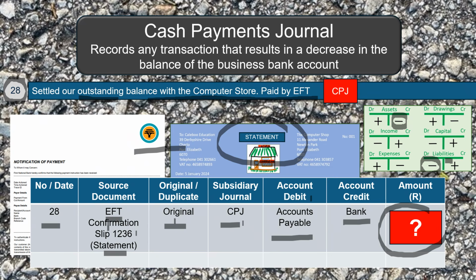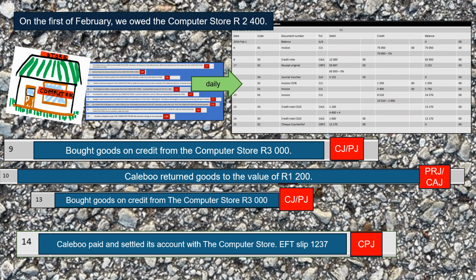But how do we calculate the amount that we settled? Now once again, I've just taken a few transactions to explain this. On the first day of February of this month, we owed the computer store 2,400. During the month, transactions took place with the computer store, our supplier.